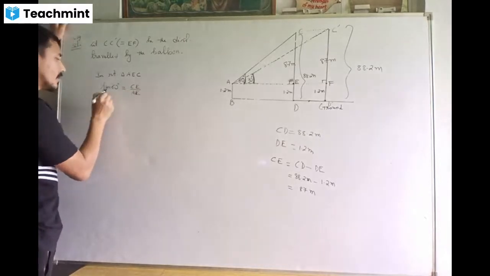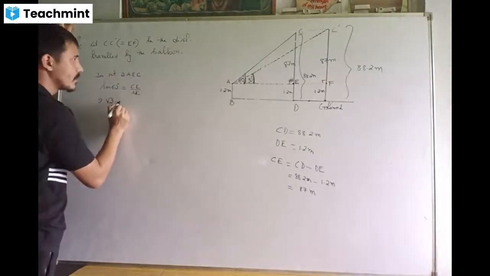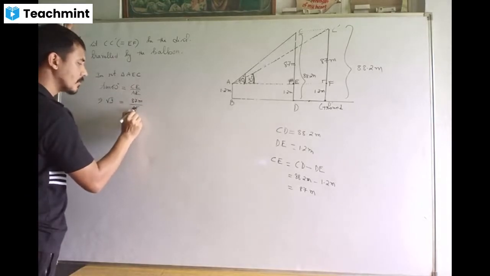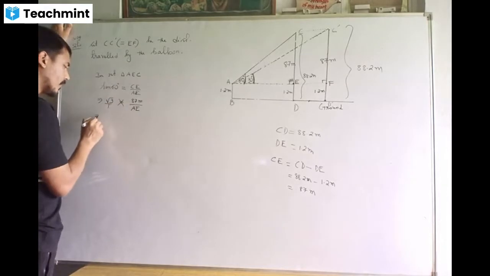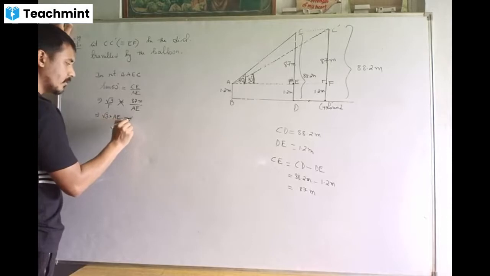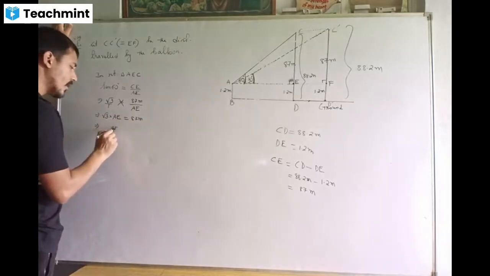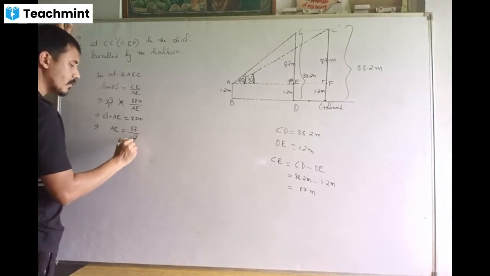Tan 60 degrees, we know, is equal to square root of 3. CE is 87 meters, AE is unknown. So if you cross multiply, root 3 times AE would be equal to 87 meters. In that case, your AE would be 87 upon square root of 3.